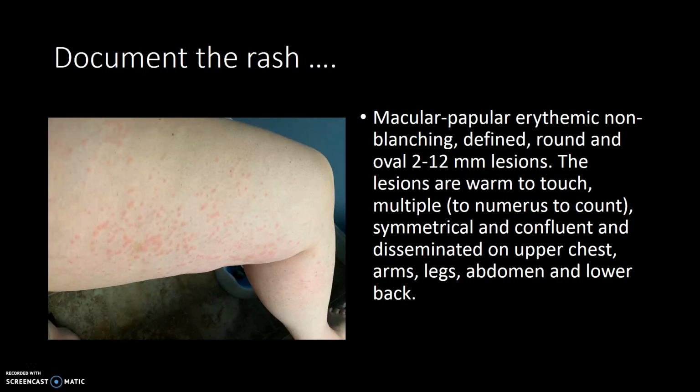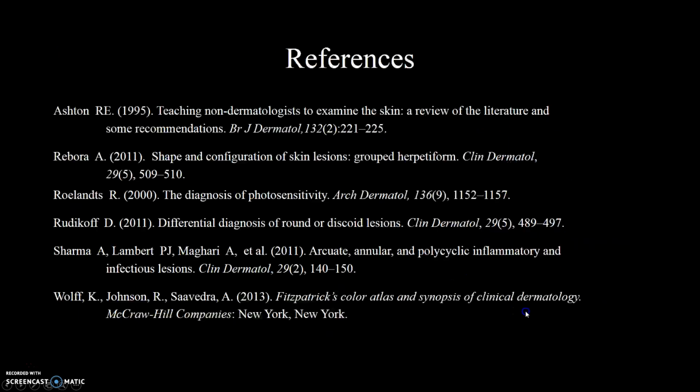It's a maculopapular, erythematous, non-blanching, defined, round and oval, 2 to 12 millimeter lesions. The lesions are warm to touch. They're multiple, too numerous to count, symmetrical and confluent, and disseminated on the upper chest, arms, legs, abdomen, and lower back.